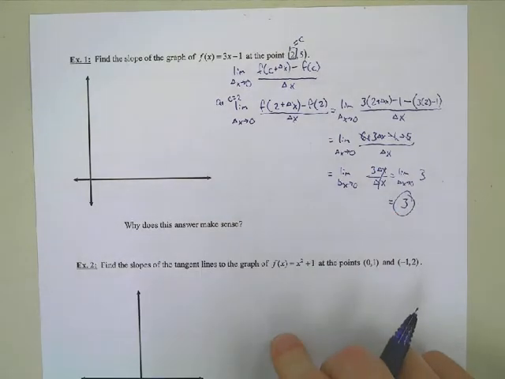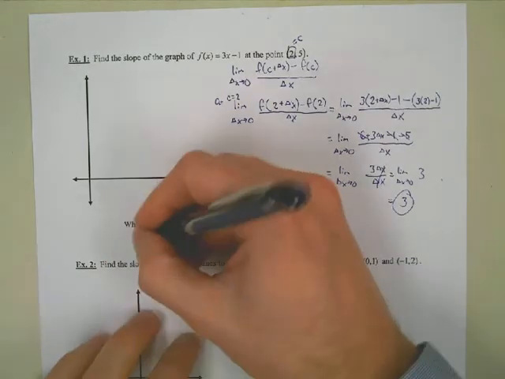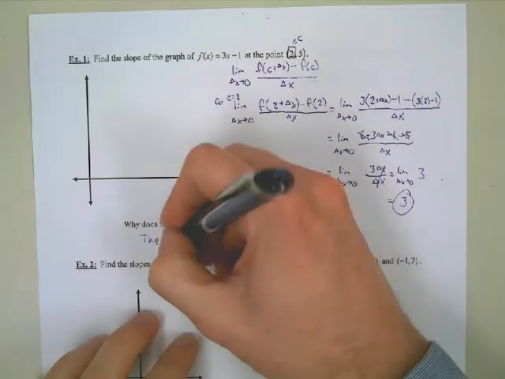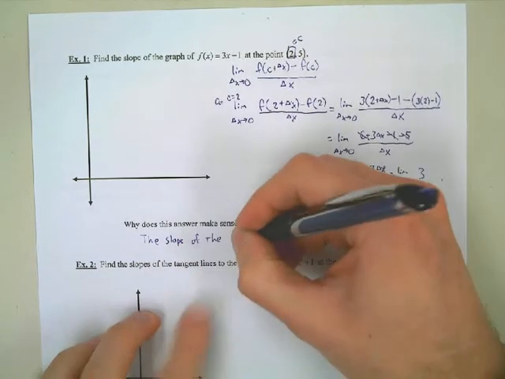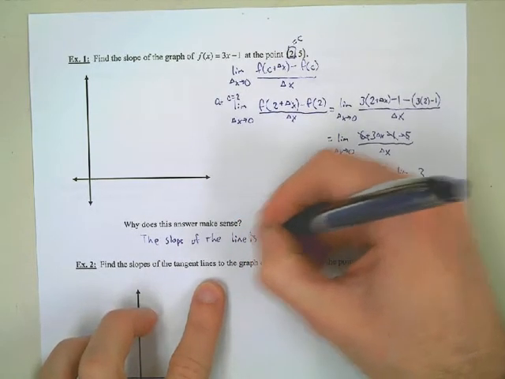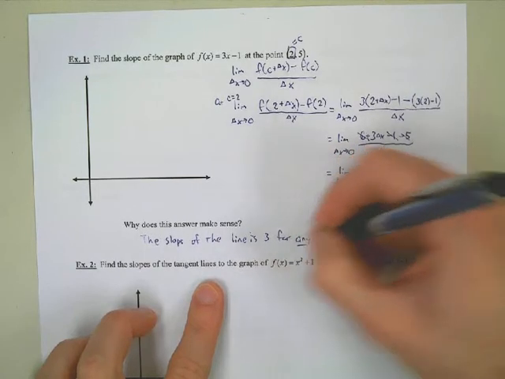At any instant along my line, my slope should be 3. So this should not surprise us. The slope of the line is 3 for any x value.